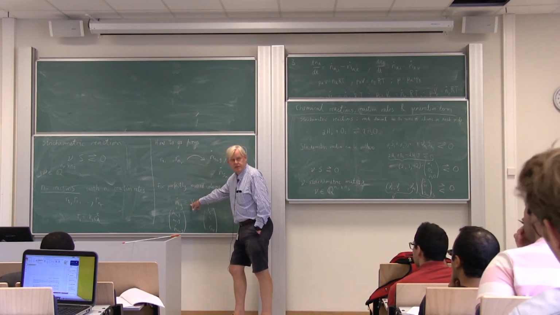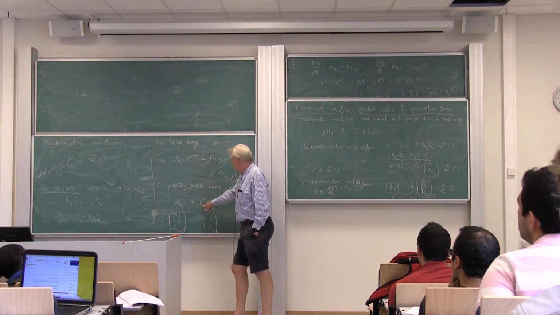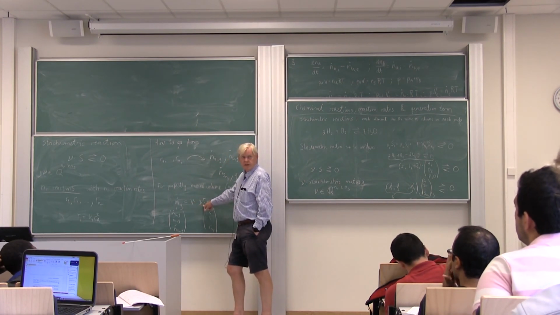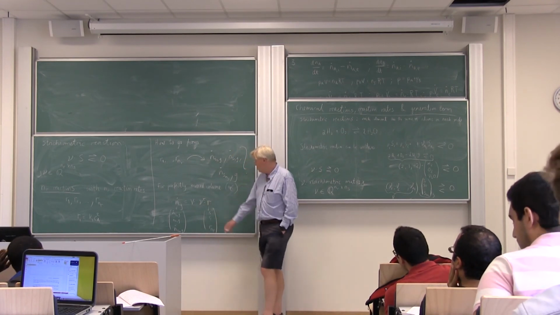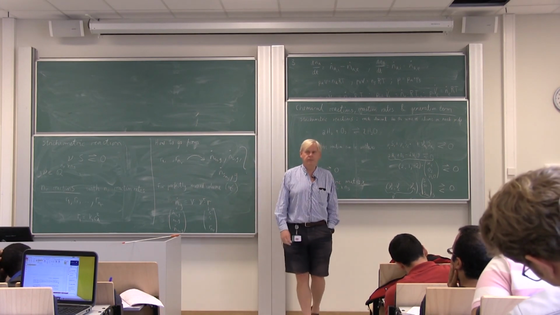Volume is a scalar, a number. This is the transpose of the stoichiometric matrix. And this is the number of reaction rates.